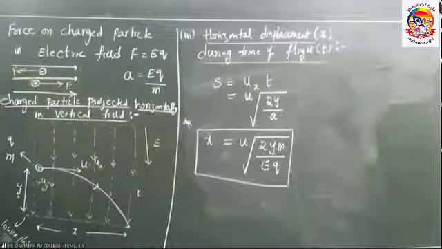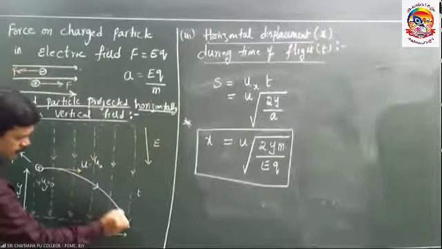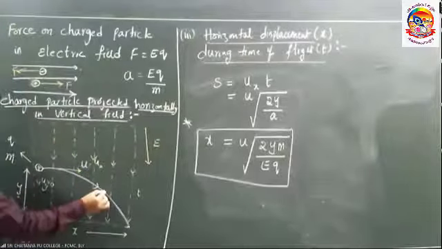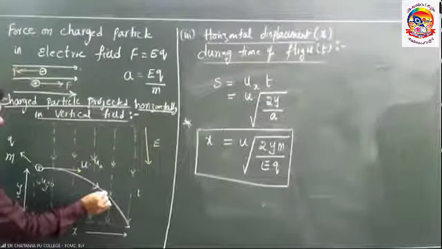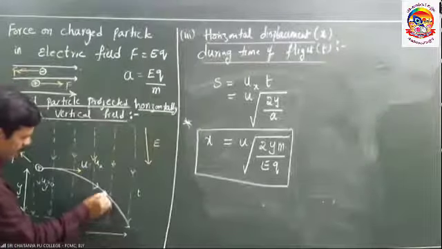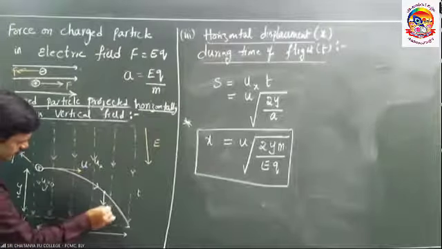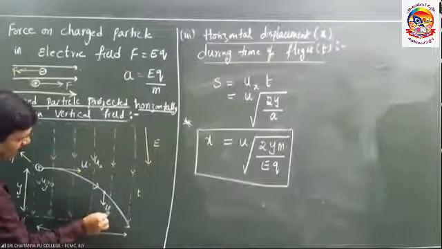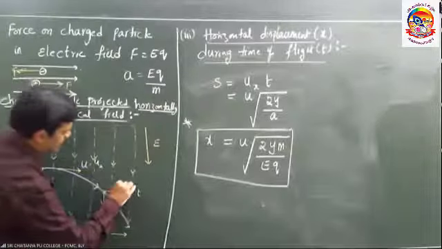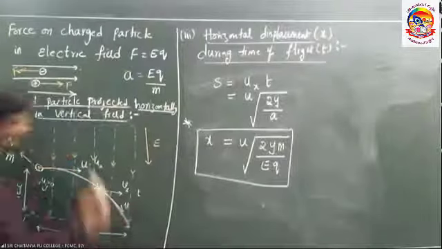Well, one more question there. At any instant of time in this journey, let us say at some point, what is the net velocity? See, its vertical velocity is in this direction, Vy. Its horizontal velocity is in this direction. Its resultant is in this direction, right?